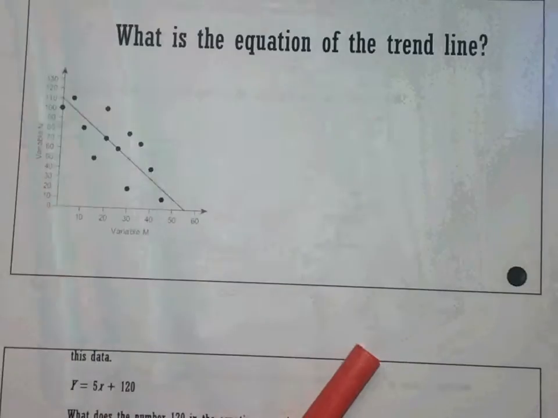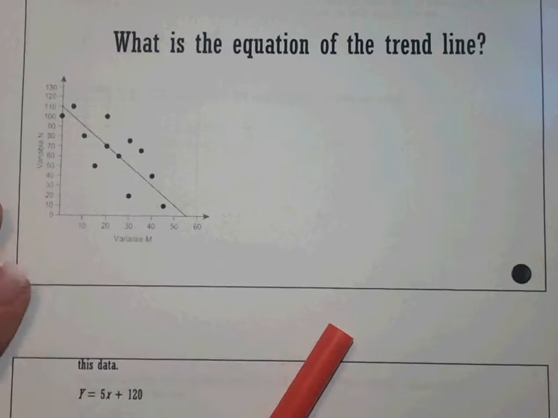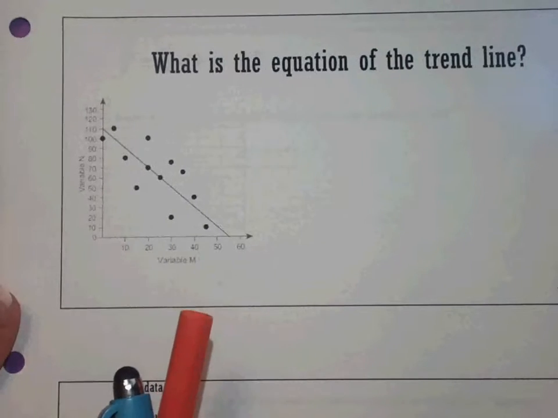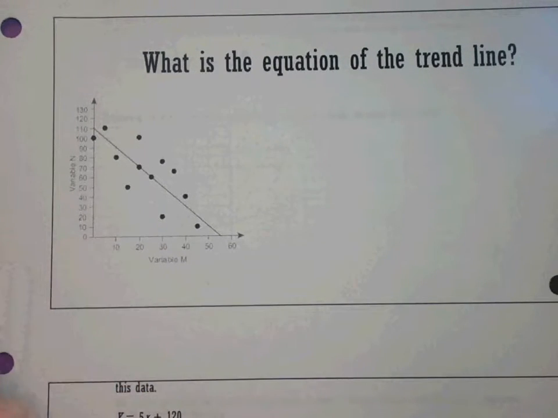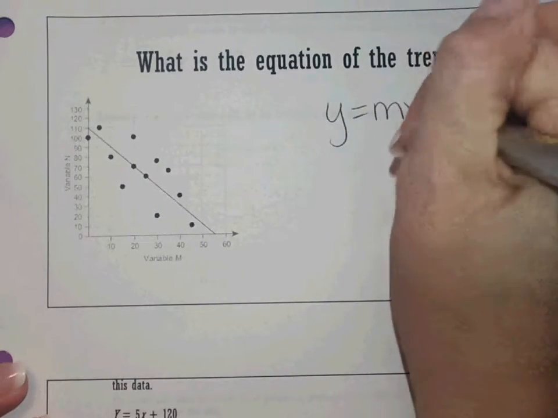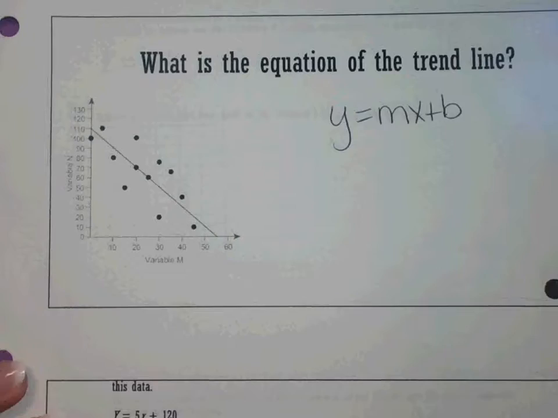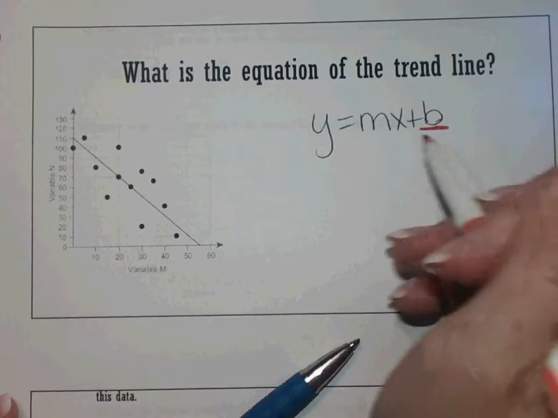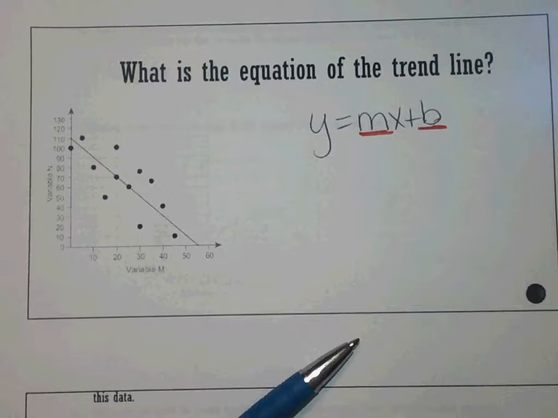Okay, let's look at our next one. What is the equation of the trend line? When we're looking for an equation of a line, we always have our slope-intercept form. And when we have our slope-intercept form, we're looking for two things.